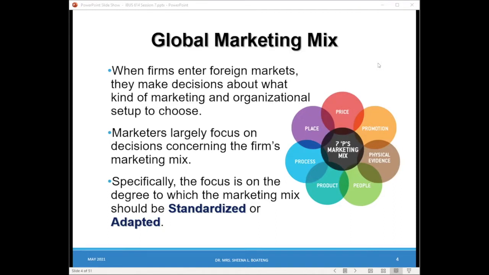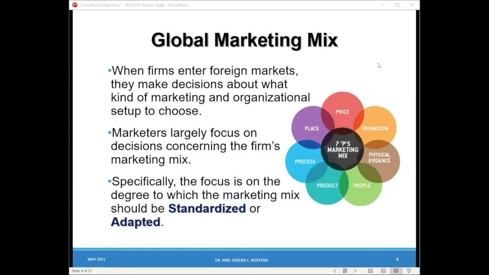So by way of introduction, we are saying that when firms enter foreign markets, they make decisions regarding these marketing mix elements I've talked about. And it essentially helps them to decide what kind of marketing and organizational setup to choose in order to effectively promote and sell whatever product or service it is that they have in the foreign markets that they have chosen to enter into.